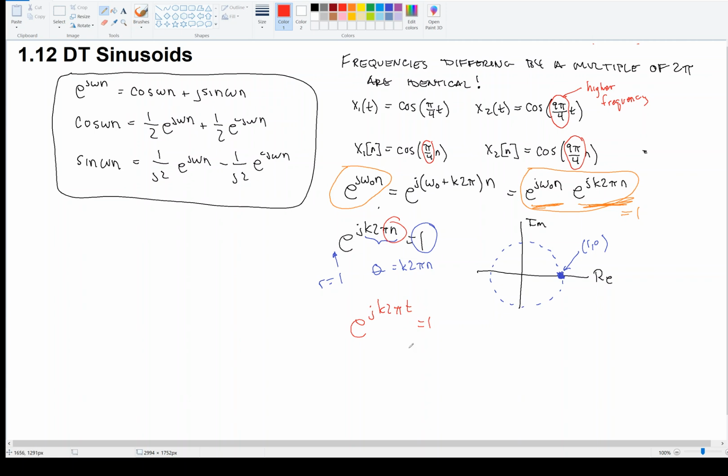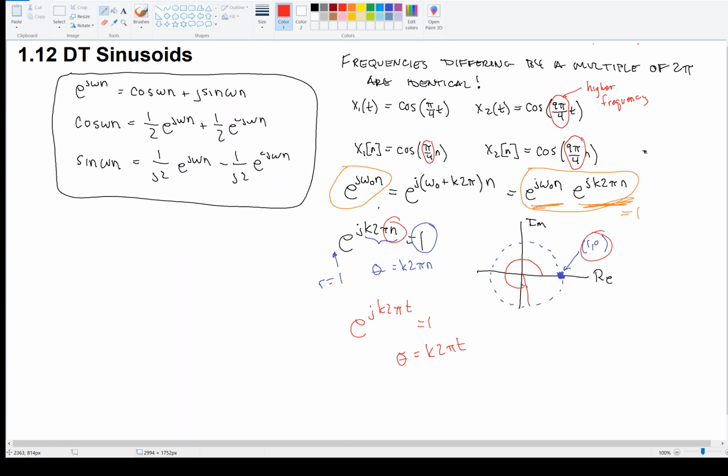So therefore, this angle, k is an integer, k 2 pi then is an integer multiple of 2 pi. But t is not necessarily an integer. So we can be anywhere on this circle, not necessarily at 1, 0. So in continuous time, this is not true.